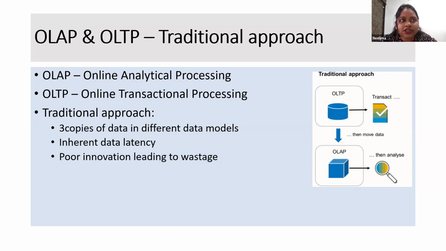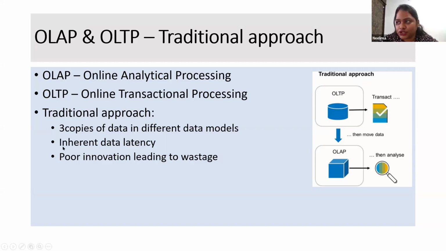Okay, so this outdated structure limited innovation and caused wastage of time, storage, and resources. This is why modern systems aim to combine OLTP and OLAP into one united platform. That's what the SAP HANA database was made for.